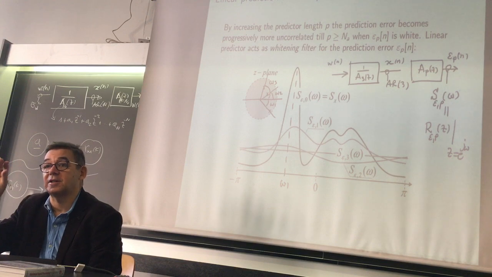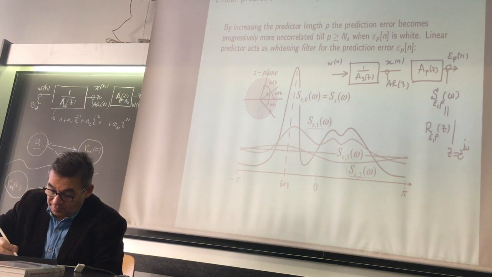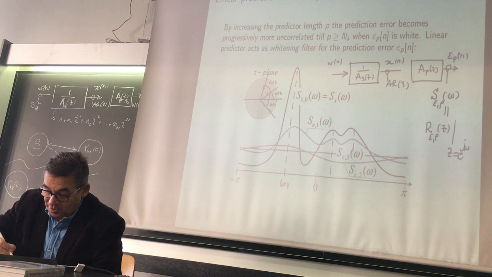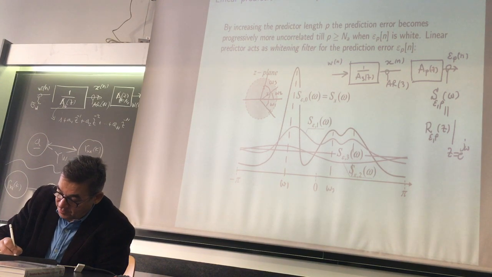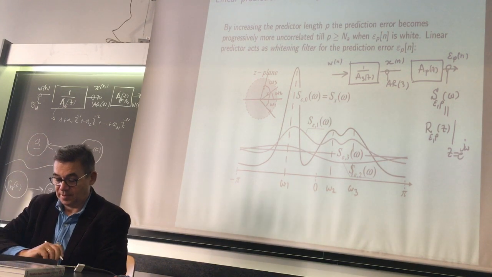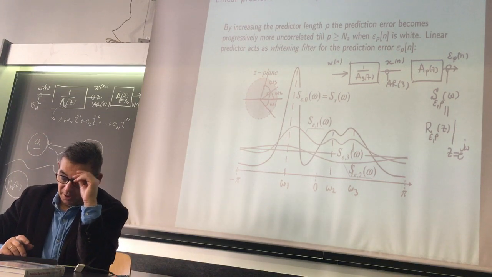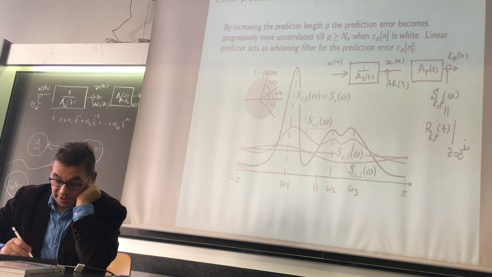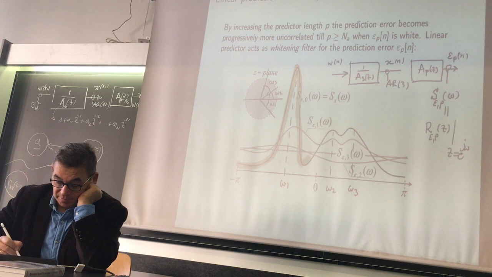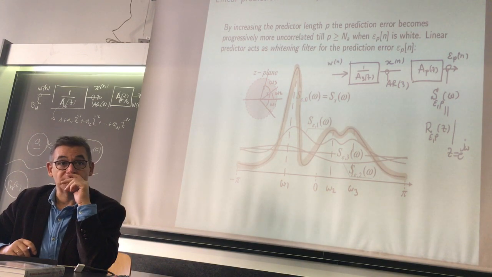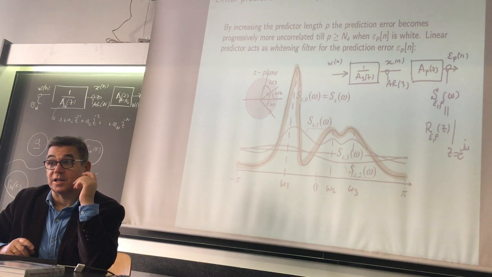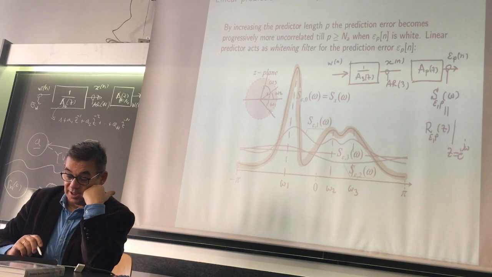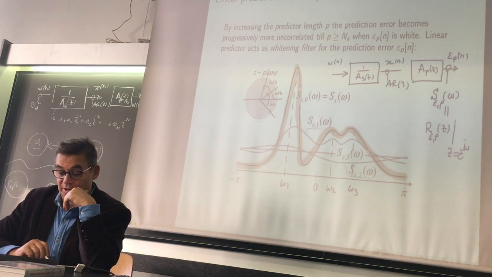They are approximately at the same radial distance, so they give me approximately 2 resonances, omega 2 and omega 3. Now, the power spectral density before touching anything is this one. So I have a big resonance, and then I have 2 maxima here, approximately. This is the power spectral density of the signal Xn, which is the autoregressive process.